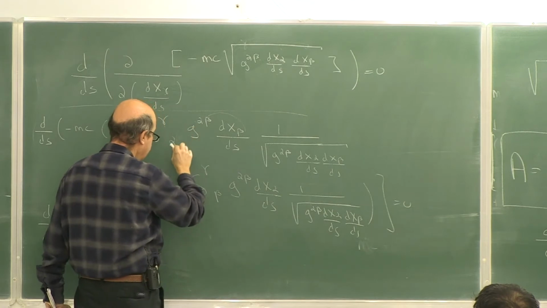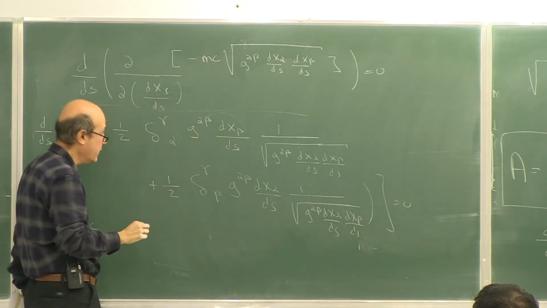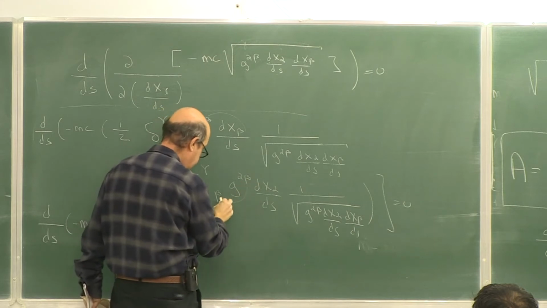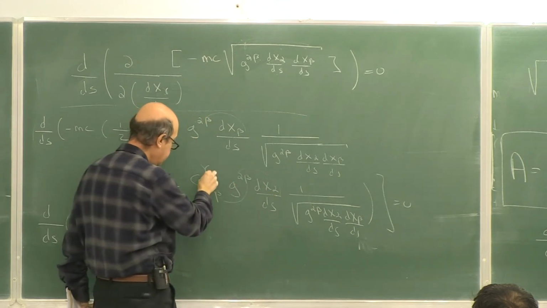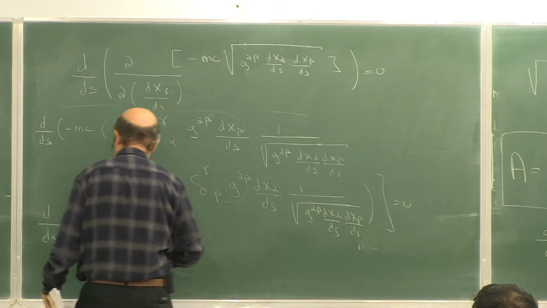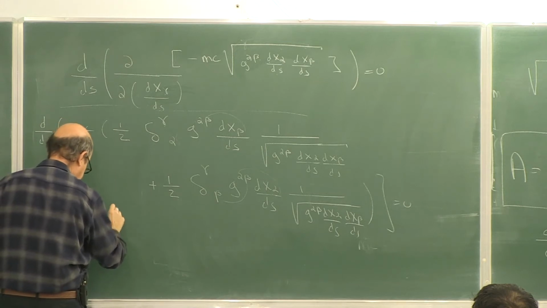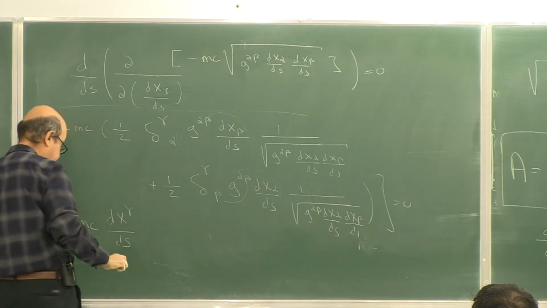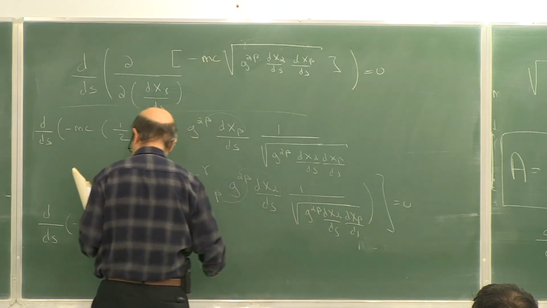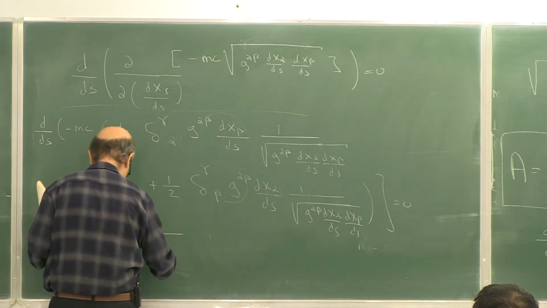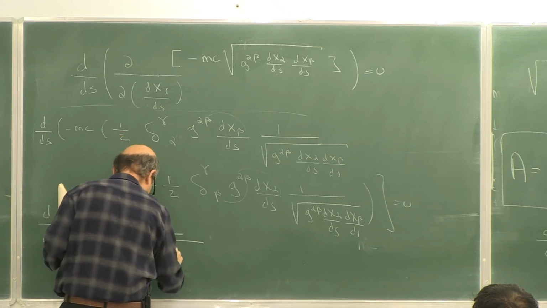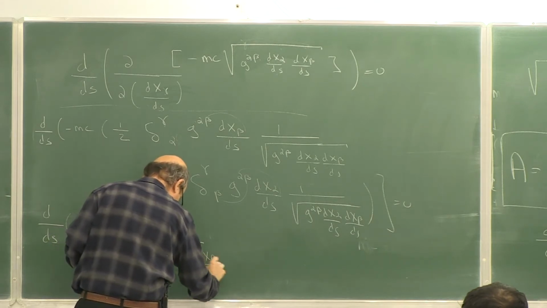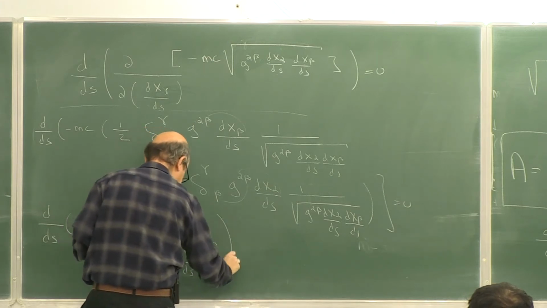Beta and alpha will contract and will yield the free index gamma. So basically this will be dx gamma over ds times the leftover terms, which are the same, that is 1 over the square root of g alpha beta dx alpha over ds dx beta over ds, and that has to be equal to 0.